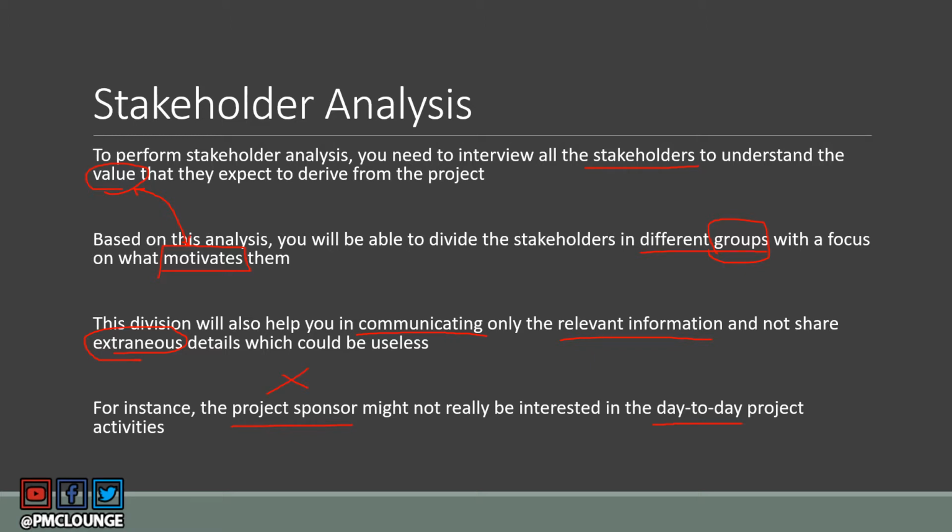The project sponsor is the most important stakeholder of your project. Still, he may not really be interested in your day-to-day project activities. So what is the value that the sponsor is expecting out of your project? What is it that motivates your project sponsor? Once you have that kind of analysis, you will be able to understand what level of details you should communicate to your project sponsor. And that's what stakeholder analysis is all about.